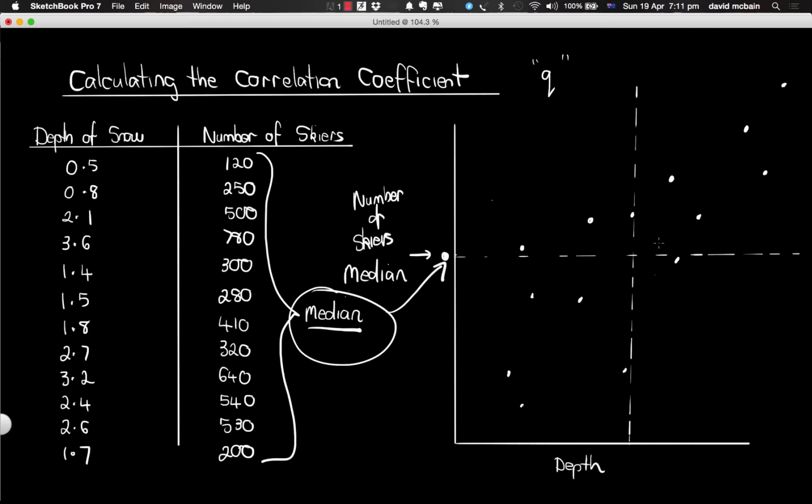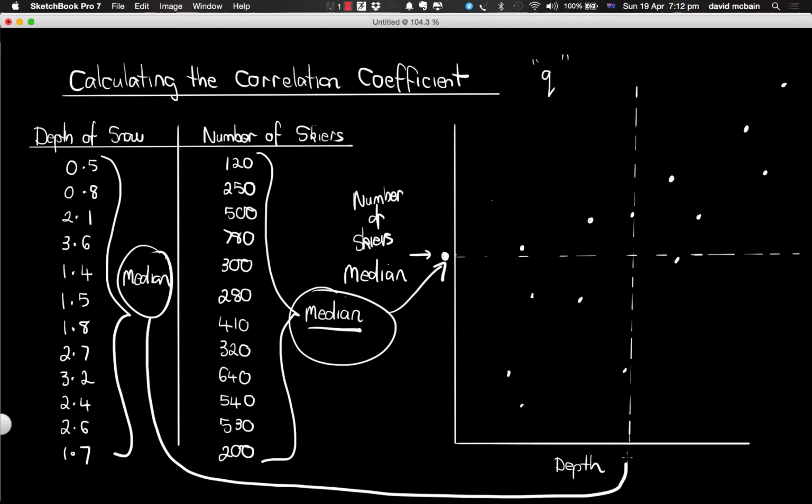On the other hand, to break the data into a left and a right side, so it's an equal number of data points left and right of this line here, we have to find the median of our independent variable. And so we look at this data over here and find the median of that data. And that will give us this value here.